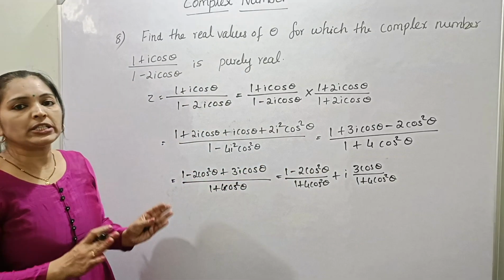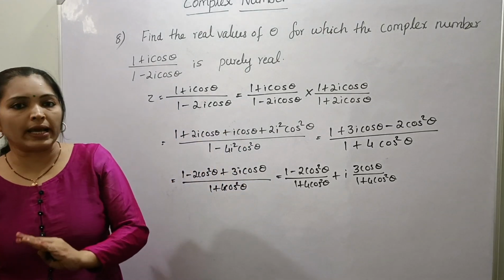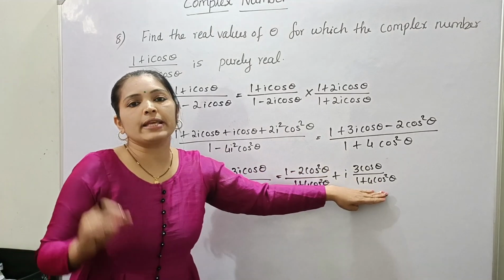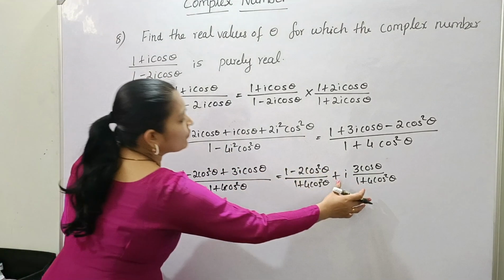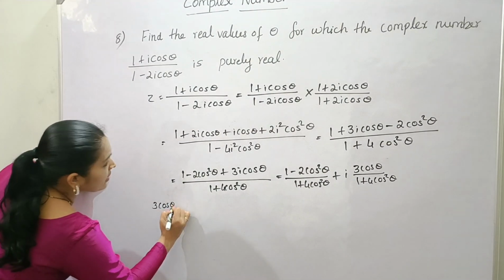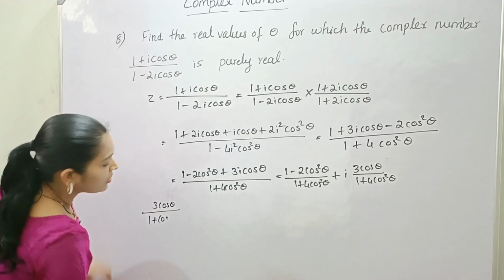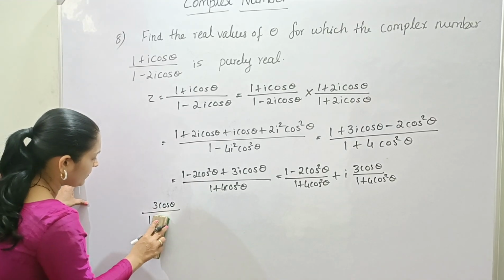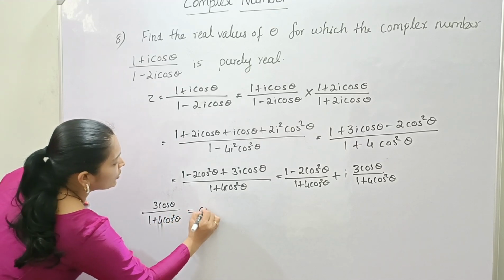And we have to find the value of theta when this complex number is purely real. That means when its imaginary part is 0. Okay, so what is the imaginary part of this complex number? That is 3 cos theta divided by (1 plus 4 cos square theta), that is equal to 0.